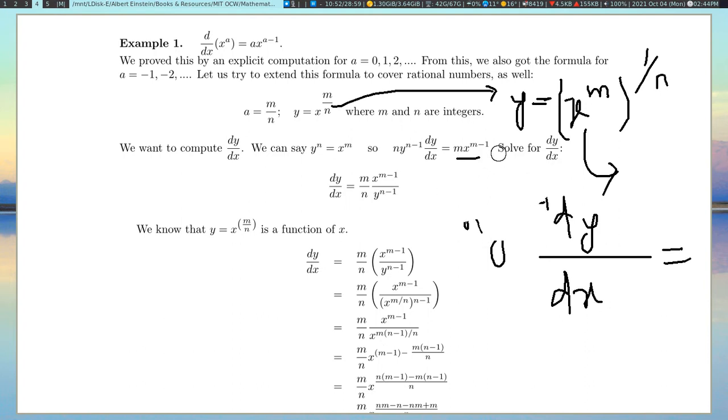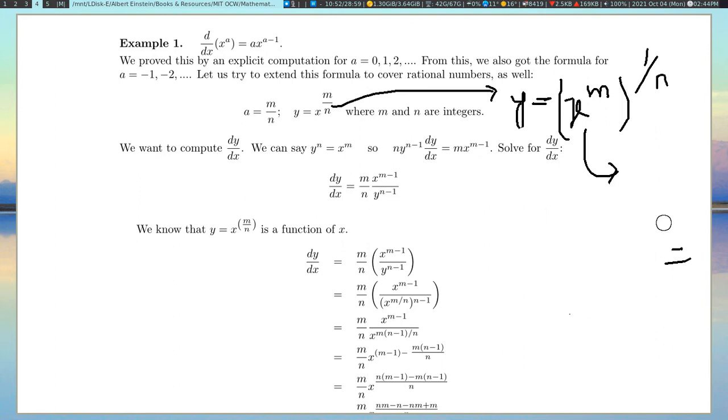I don't need to write it, but that's just taking derivatives on both the sides. Then you just solve for dy over dx, and that's easy.